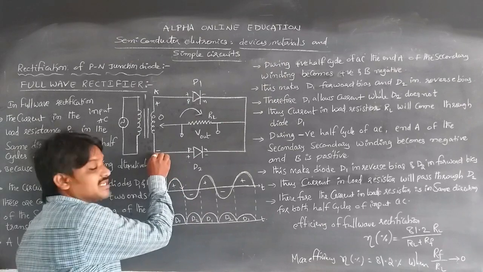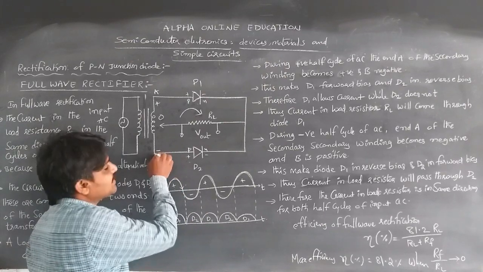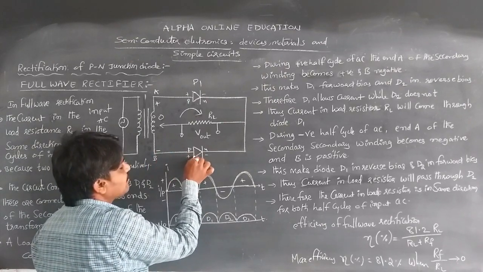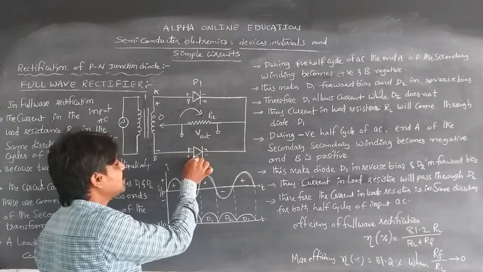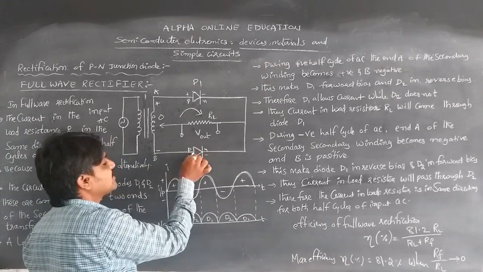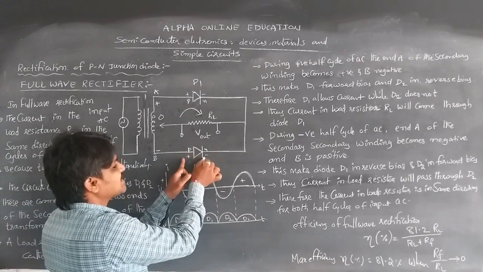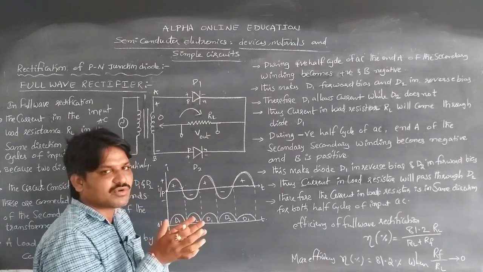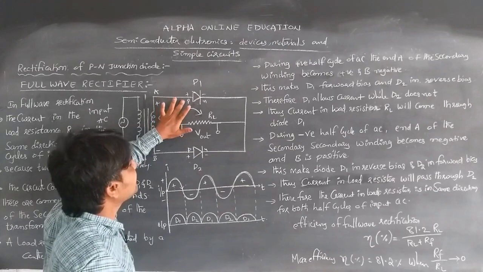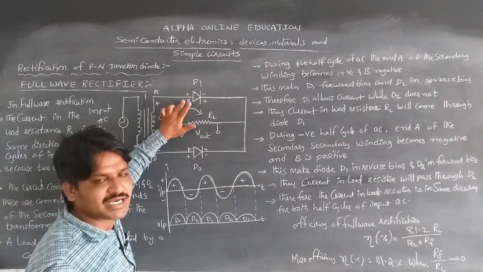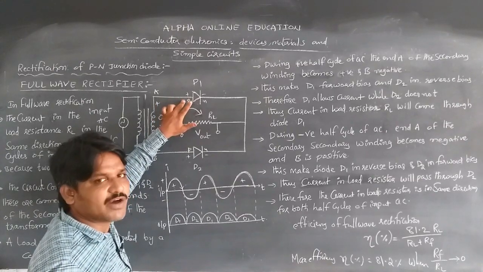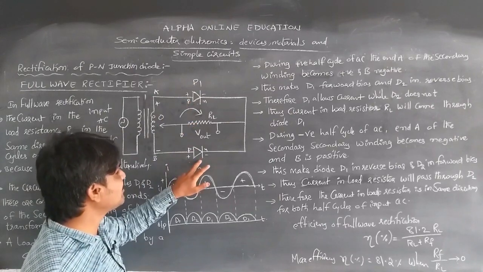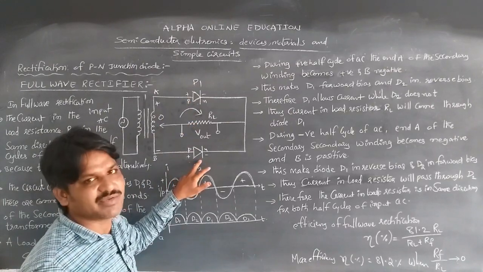For D2, the P side of the junction diode is connected to the negative end, so it becomes reversely biased. During the positive half cycle, the D1 diode is forwardly biased and D2 is reversely biased.